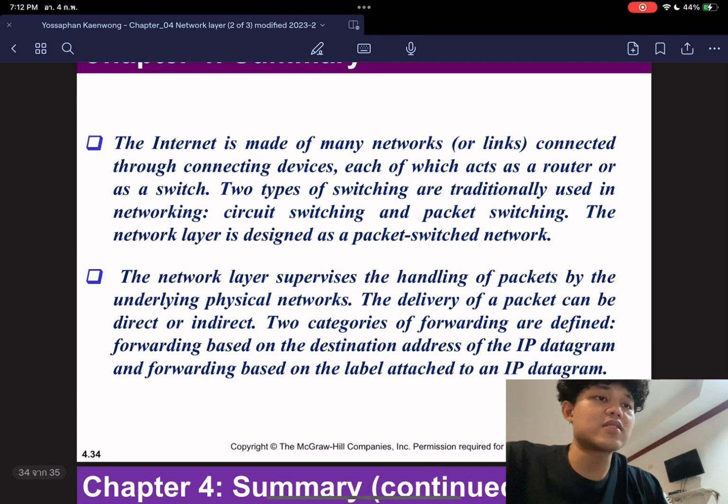The network layer supervises the handling of packets by the underlying physical networks. The delivery of a packet can be direct or indirect. Two categories of forwarding are defined: forwarding based on the destination address of the IP datagram and forwarding based on the label attached to an IP datagram.